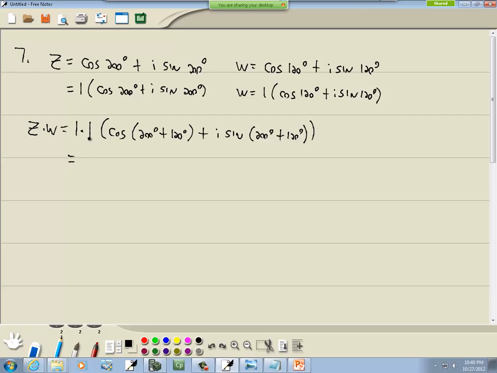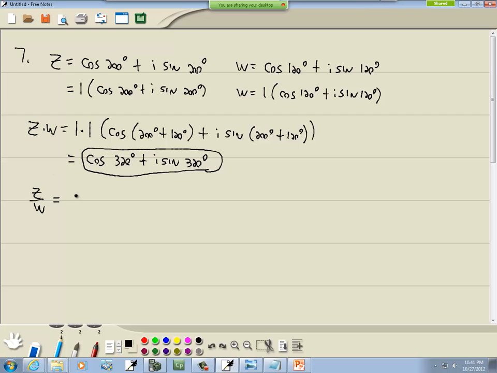So 1 times 1 just goes away, but then we've got cosine 320 degrees plus i sine of 320 degrees. Now it wants us to leave it in polar form, and this is actually in polar form, so to go further would be to go against directions.